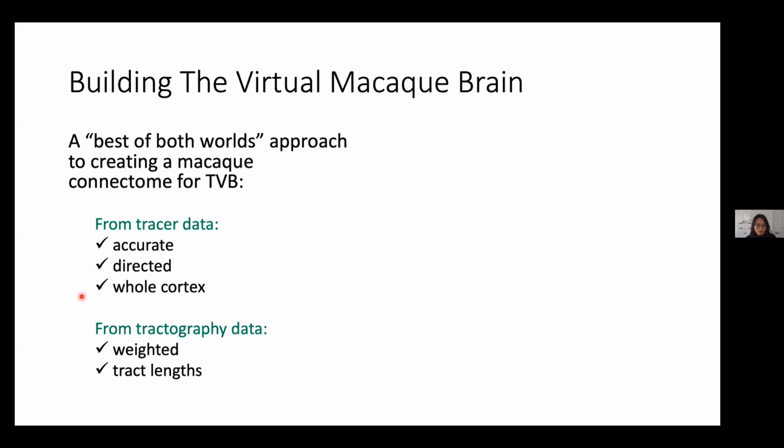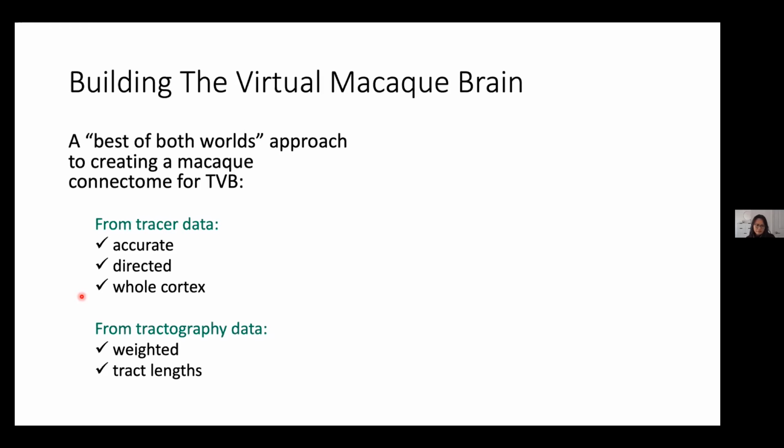We borrowed from the tracer data information about the directionality of connections, because we know that directionality is important, even at the scale of neural imaging signals and functional MRI. We have shown how resting state networks and their organization can depend on whether connections are bidirectional or asymmetric.